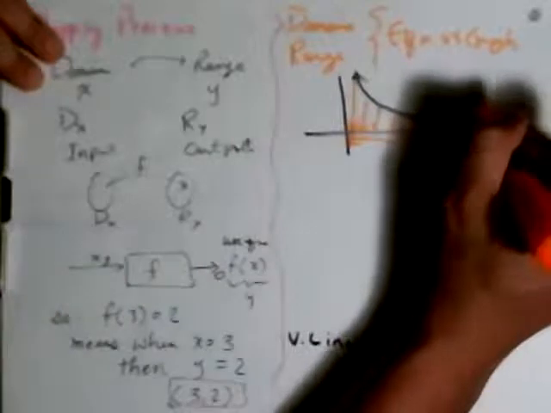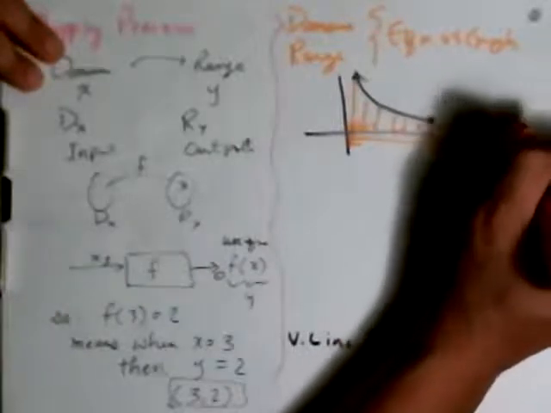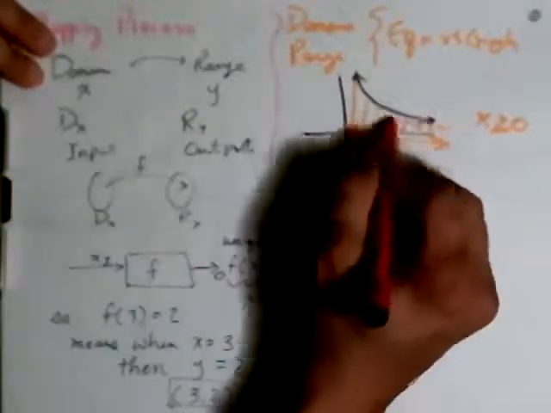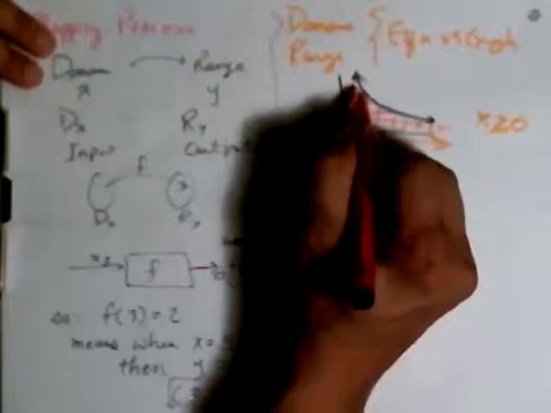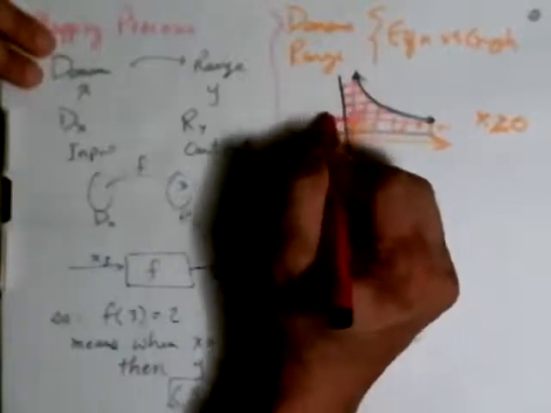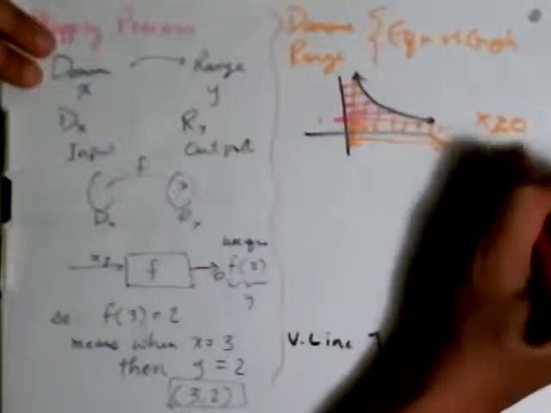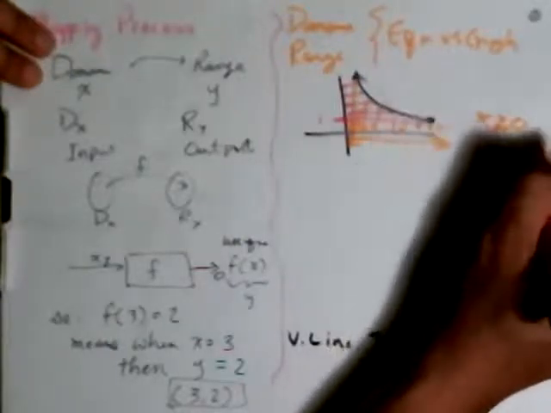So the domain is x is greater than or equal to 0, or just greater than 0. And let's say my y value is here, like this. Whatever this is, let's say it's 1. y is greater than 1. That's your domain and that's your range.